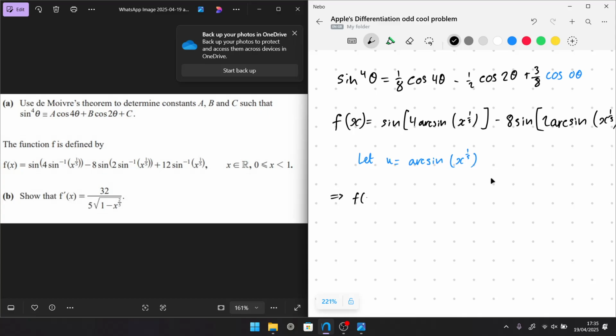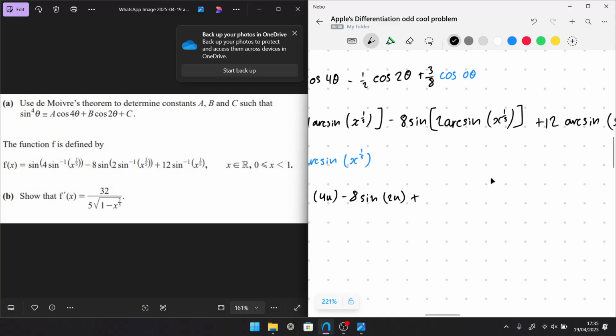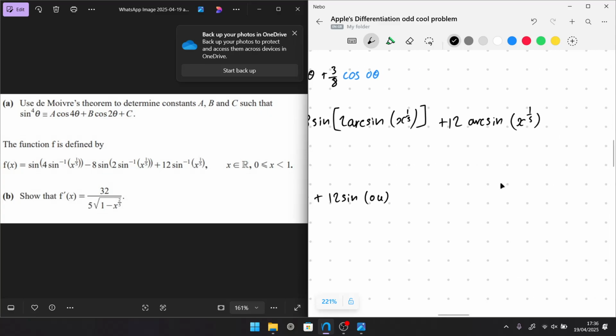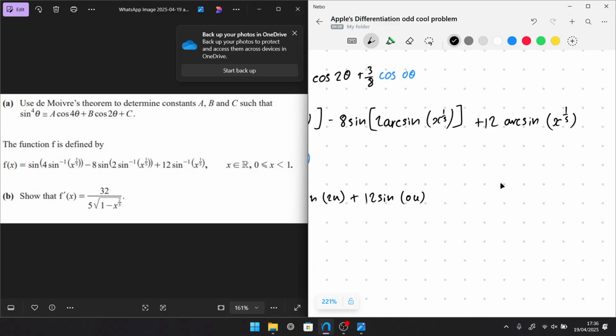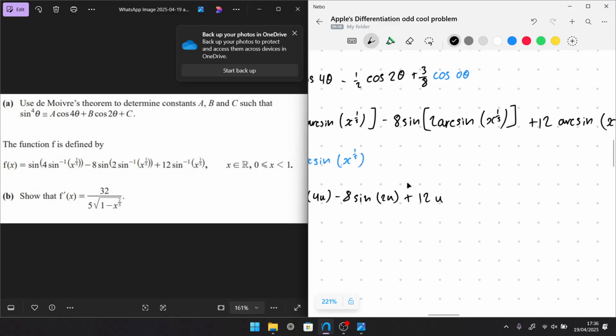So it implies f of x is equal to sine of 4u minus 8 sine of 2u plus 12, well, cos, but I'll just leave it as u.